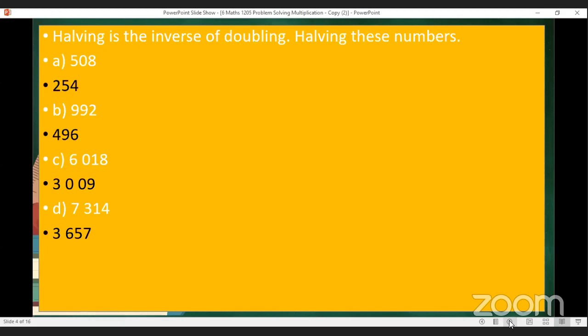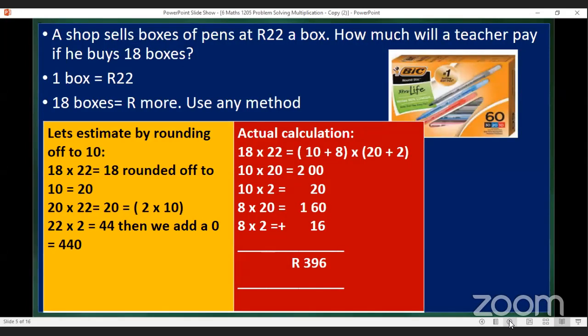Okay, Ritable says, I can see, or only now can I see. What happened? Okay, so you guys can see. Oh, I don't know what happened. Okay, can you see now what I've projected? You have to see a box of pens. Can you see? Okay, Amanda, yes. Okay, good. Thank you so much.